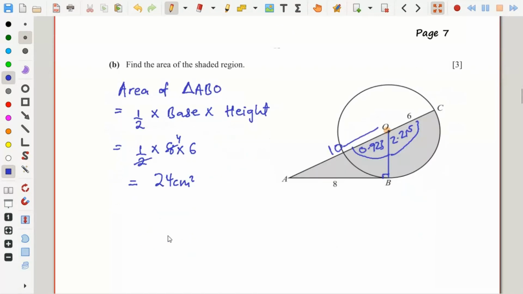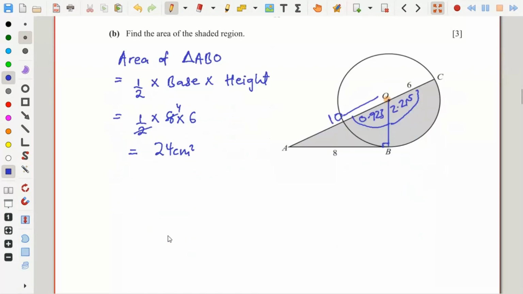Now we come to area of the minor sector. Area of, that's this side. Area of minor sector. Remember I said label your dimension, whatever you find, make sure you label it.